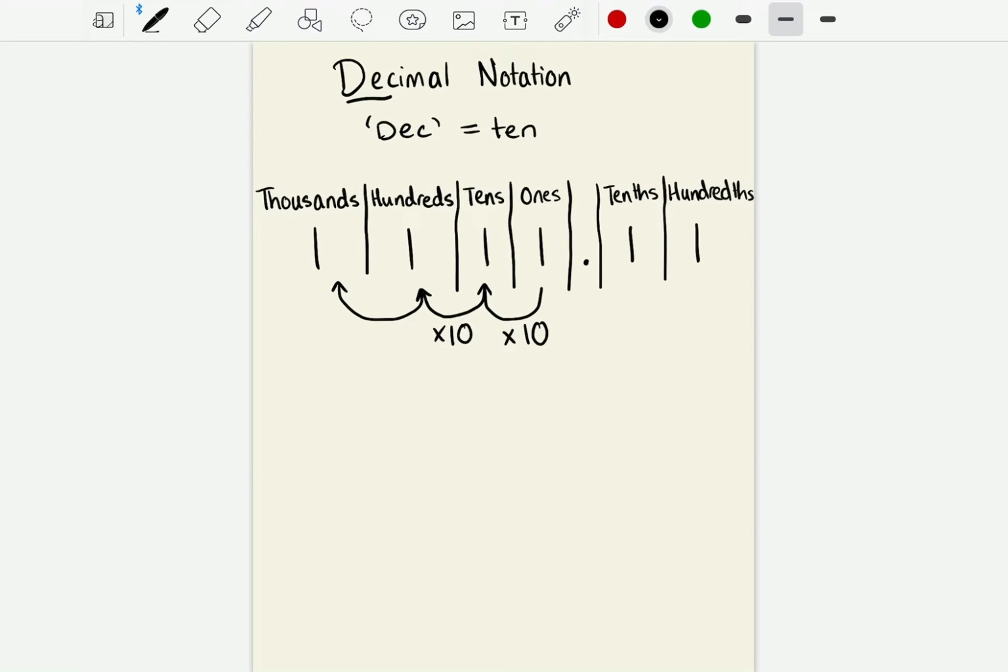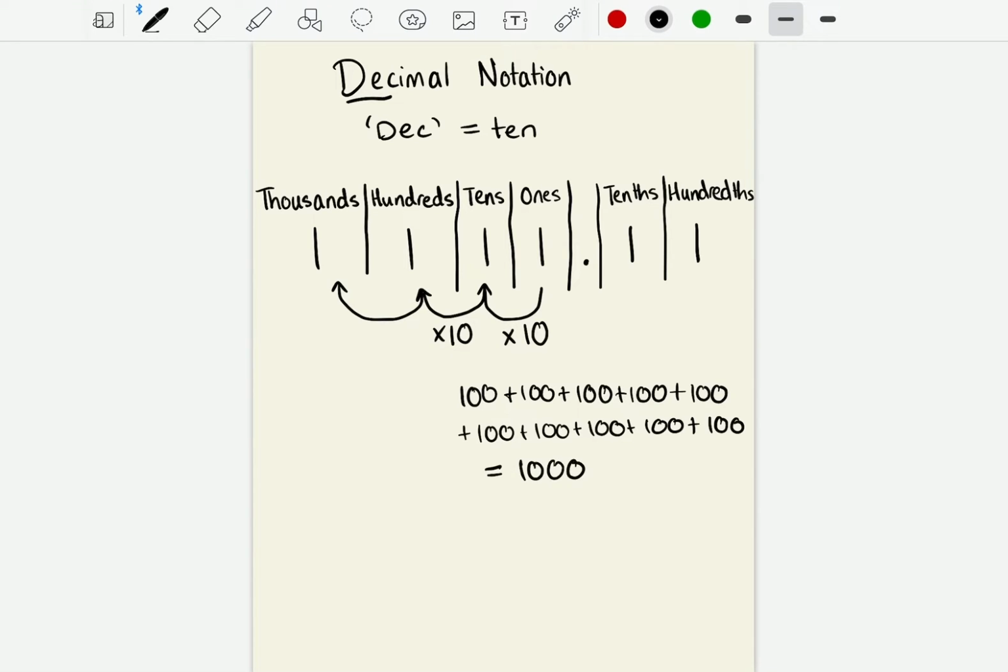How many hundreds go into 1,000? Well, 100, 200, 300, 400, 500, 600, 700, 800. Now I've got 9 hundreds, which is 900. And finally, one more. That's 10 lots of 100. That takes me to 1,000.